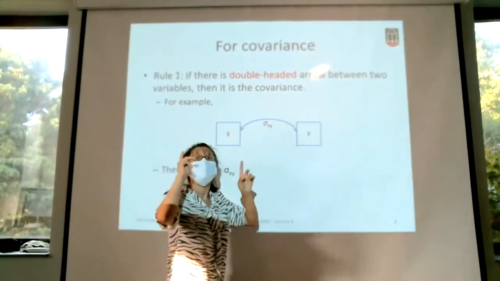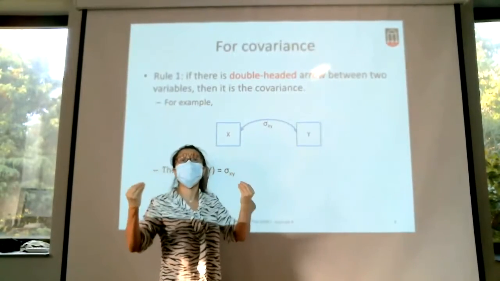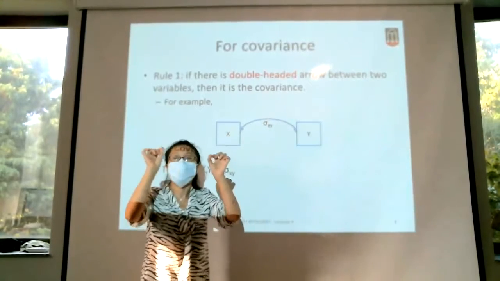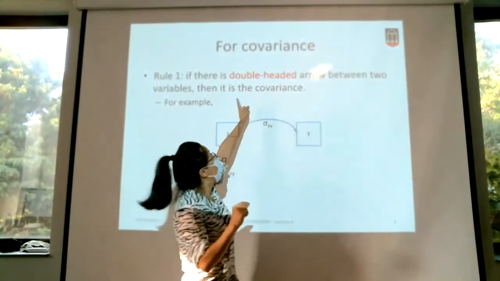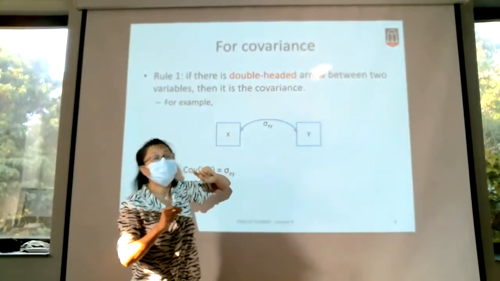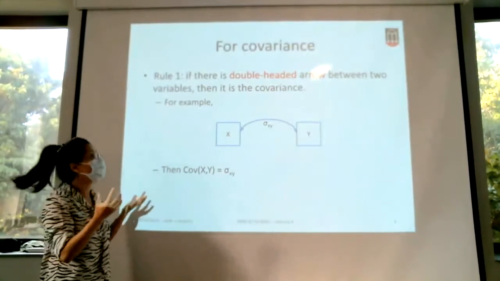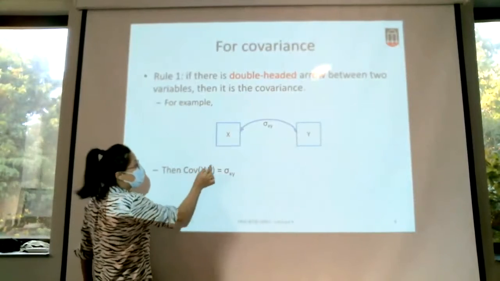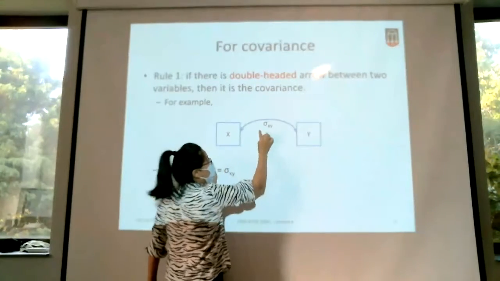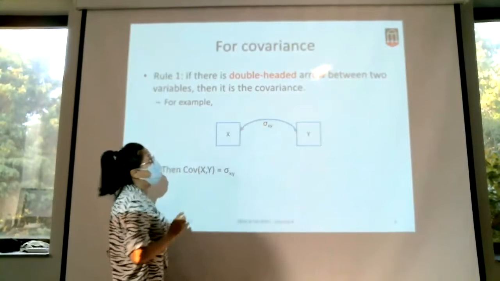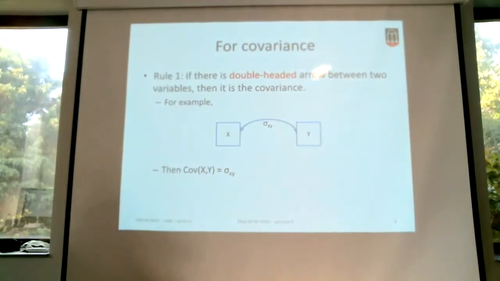If I ask you what's the covariance between x and y, and these two are connected by a double-headed arrow, then this value is the covariance. A very simple case. So the covariance between x and y is the value on the double-headed arrow.